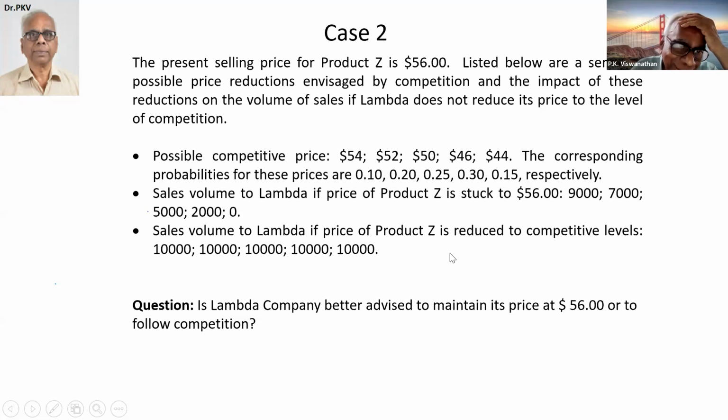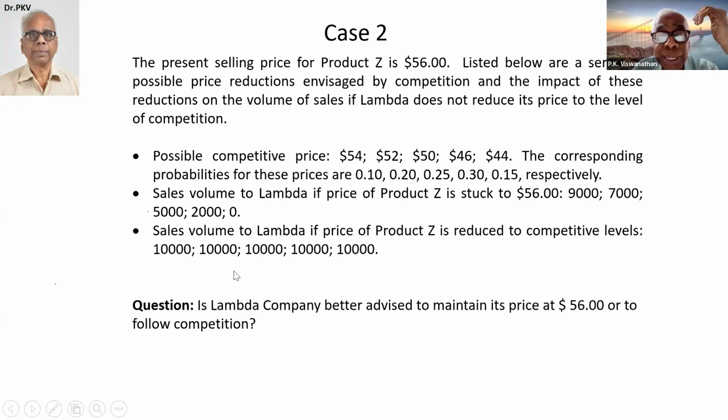Supposing this is a catch. If for product Z, Lambda is willing to go ahead with the competition: competitor price is 54, I will also give it at 54. Competitor price is 52, I will also give it at 52. In which case, when he matches the price with the competition, Lambda will get all the 10,000 in sales volume.